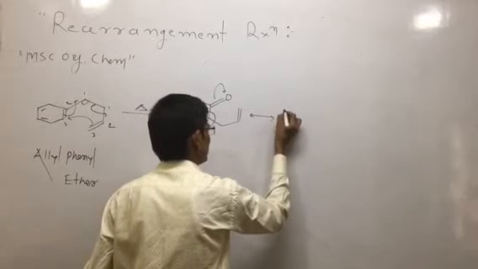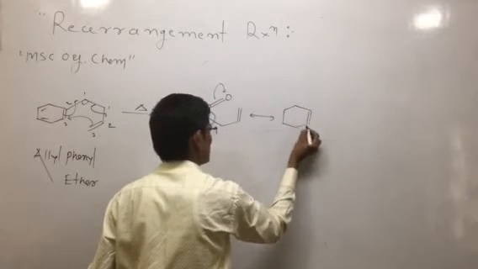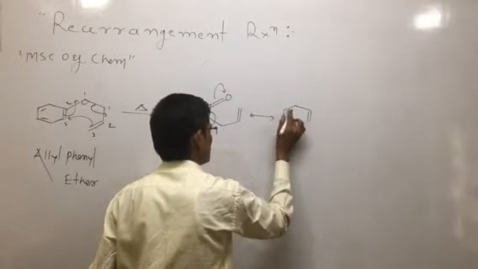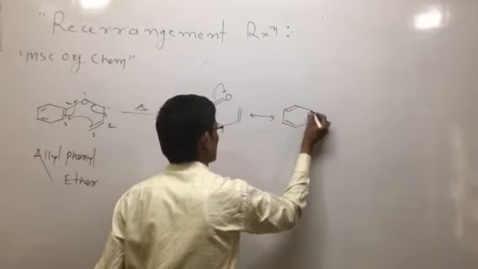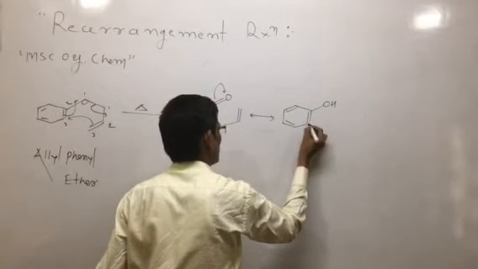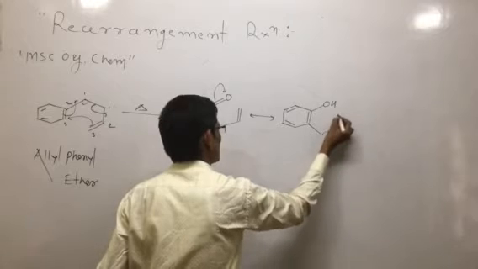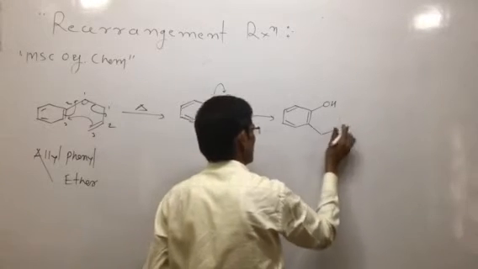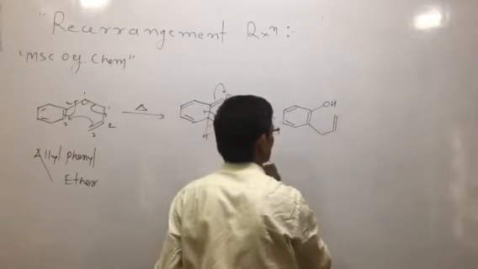As you can see, in the final step tautomerism, a pi bond is formed, and this converts into OH, with a double bond between carbon and carbon.